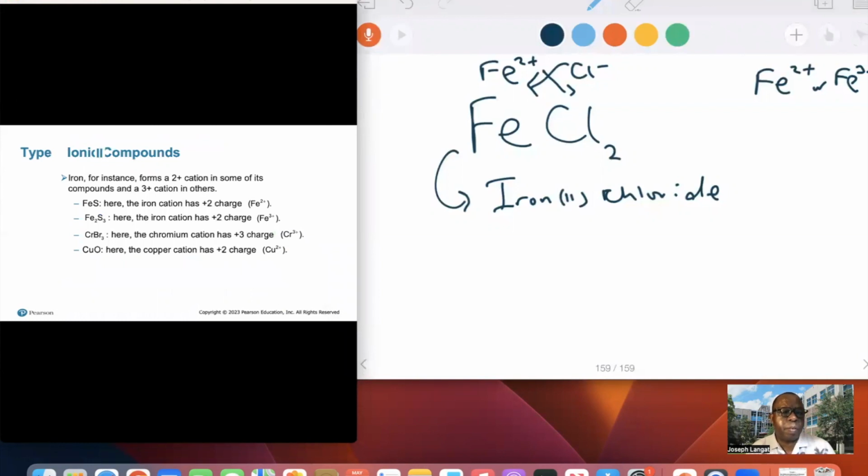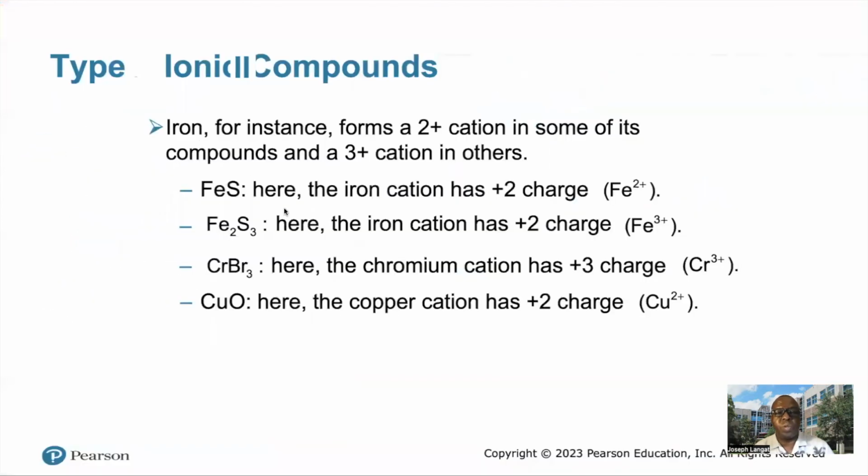Here we have been given sulfur, for example, which has a charge of negative 2. Iron has a charge of positive 2 or positive 3, but sulfur has a charge of negative 2. Using uncrossing, you have to uncross. The 2 came from here, so I know iron has positive 2.